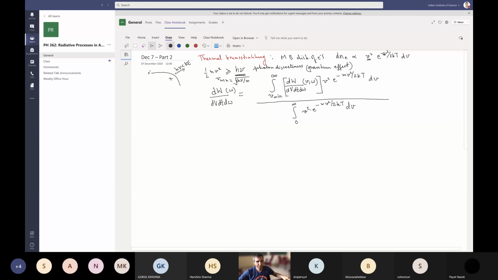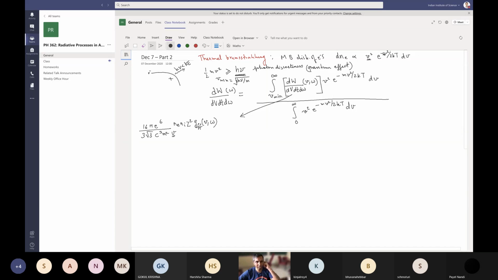So let's rewrite this formula from the last page. It was 16 pi e to the 6 by 3 square root 3 c cube m squared v, n_e n_i Z squared g_ff(v, omega).